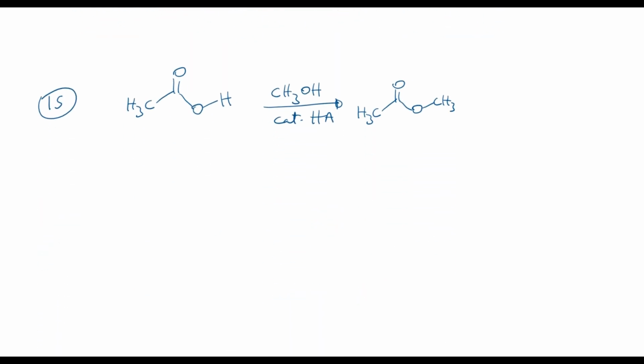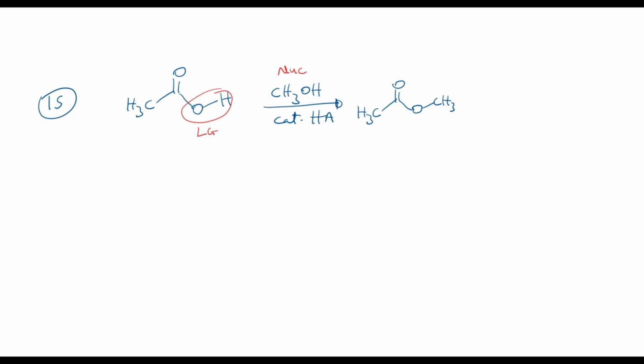We're asked to draw the mechanism for this reaction. Now, when drawing a mechanism, we need to notice the subtle changes that happen here. Notice that a methoxy group replaces the OH in the product. So that means we're going to have to attach the nucleophile and eject the leaving group.